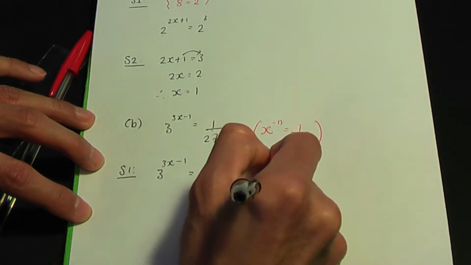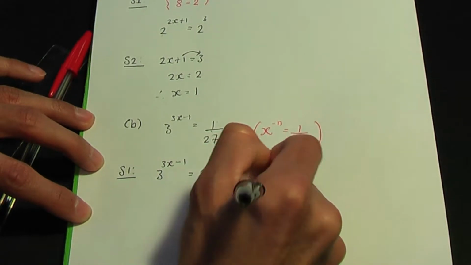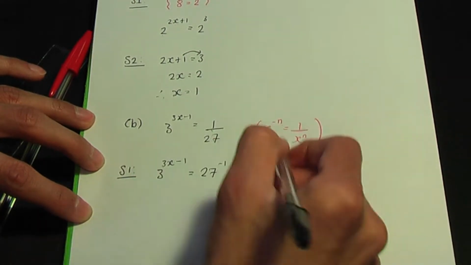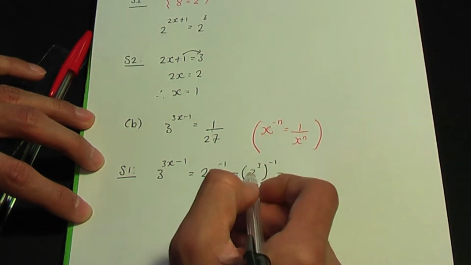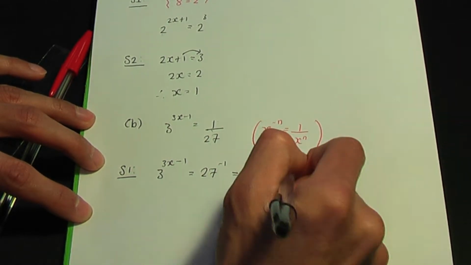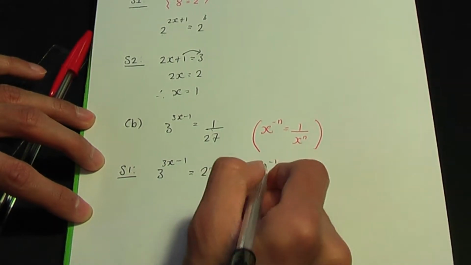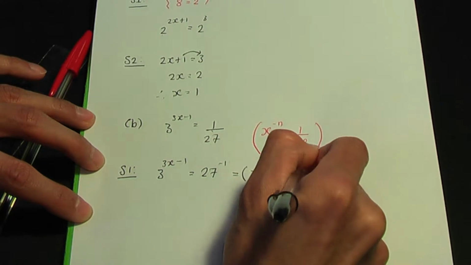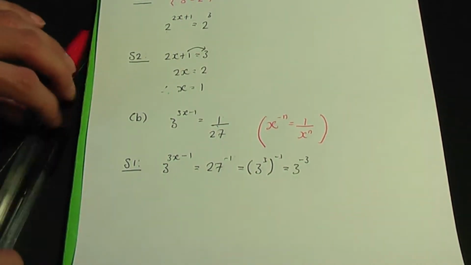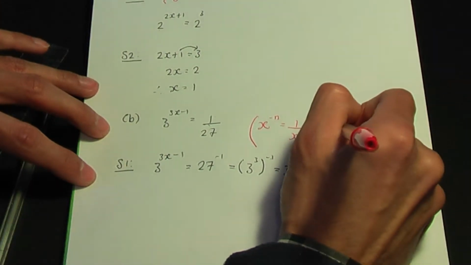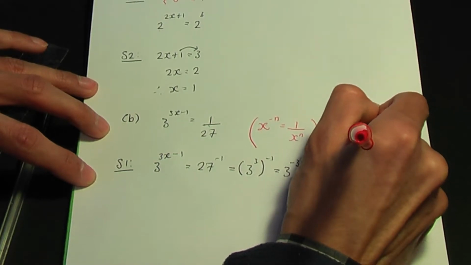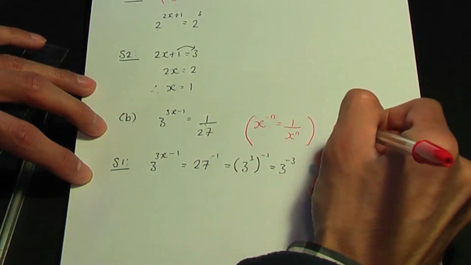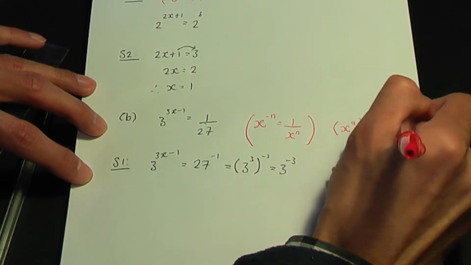So 27 is the same as 3 to the power 3, all to the power minus 1. I can simplify this, so I'll have 3 to the power 3 times minus 1, and 3 times minus 1 is minus 3. There is another result that says that if you have x to the a to the power b, that is the same as x to the power a times b, which is ab.